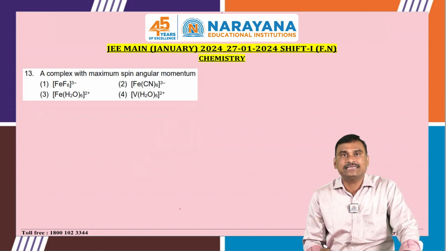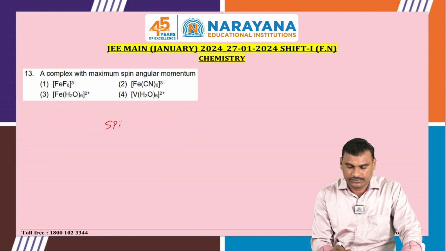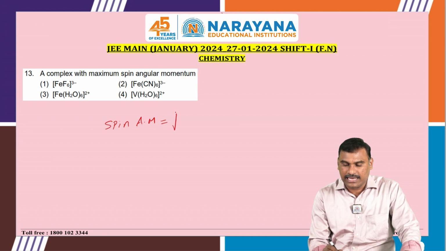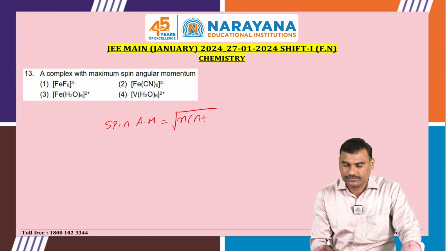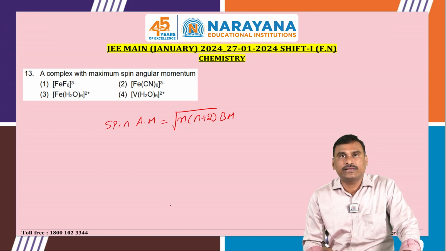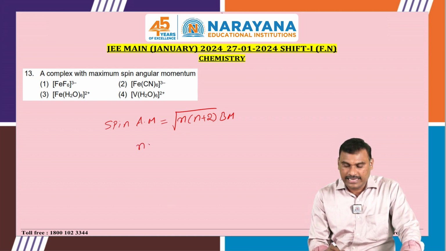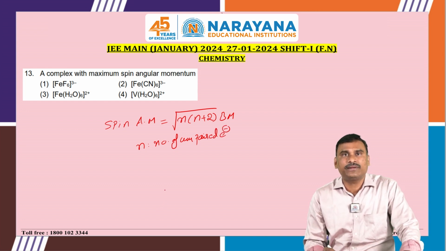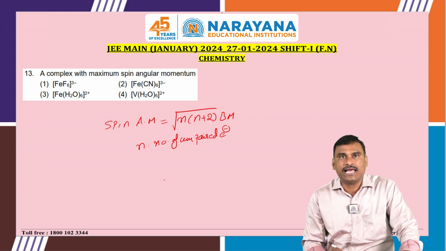The complex which has maximum spin angular moment. Spin angular moment we can calculate directly based on the number of unpaired electrons, that is under root of n into n plus 2 Bohr magneton, where n is the number of unpaired electrons. The complex which has the maximum number of unpaired electrons has maximum spin angular momentum.